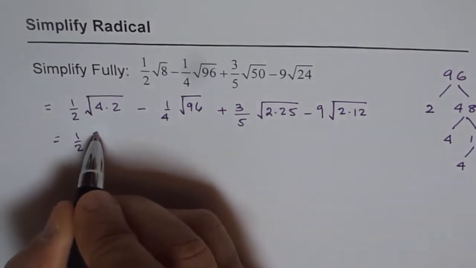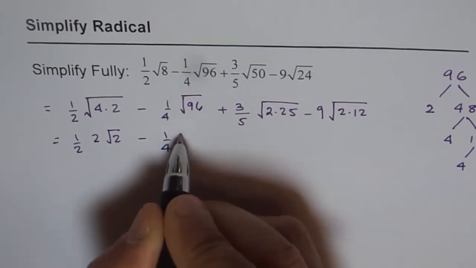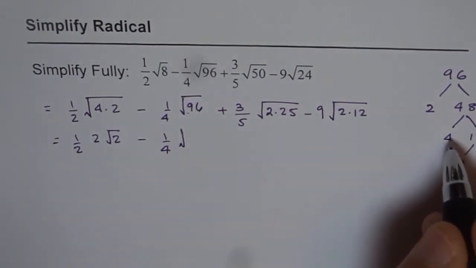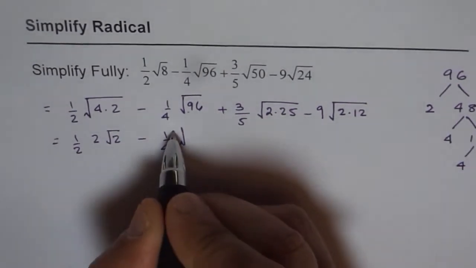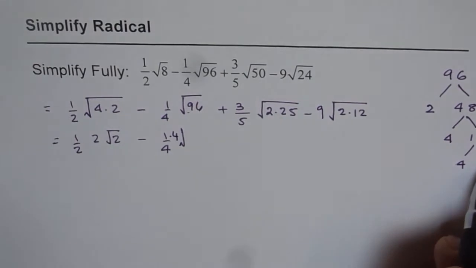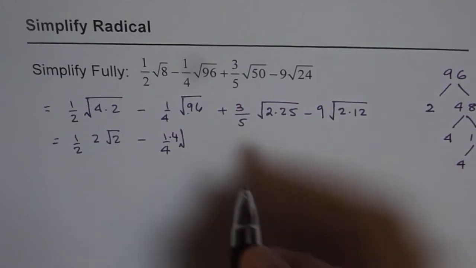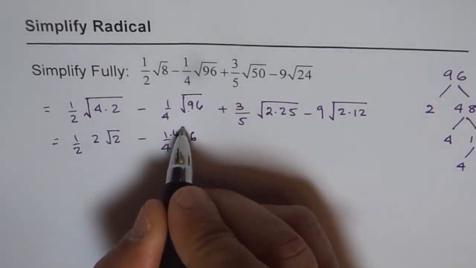So we can take 2 outside and we get square root of 2 inside. Minus 1/4 square root of, in 96 we saw 96 as 4 times 4. So we could bring one of the 4's outside. So I'm bringing one 4 outside, and we are left with 3 times 2 as 6 inside the bracket, right?